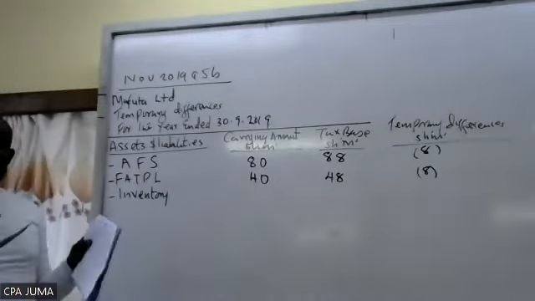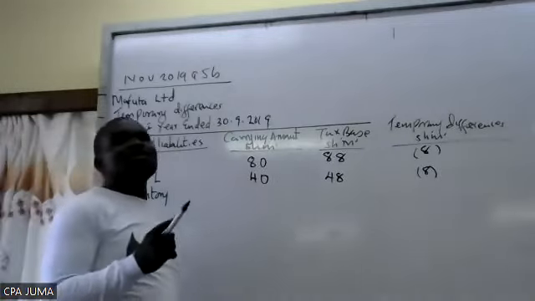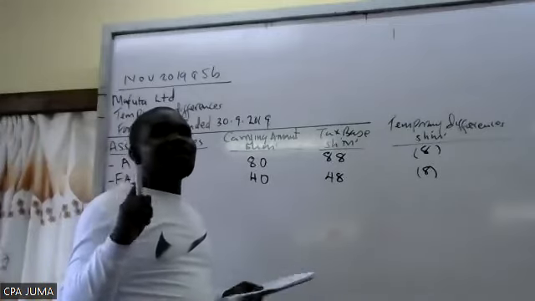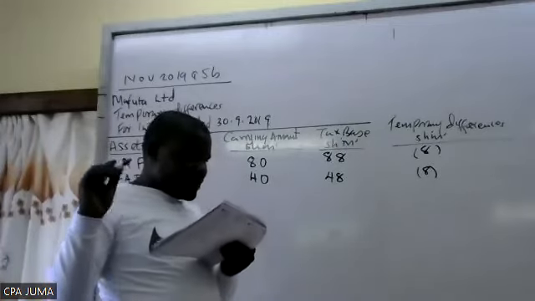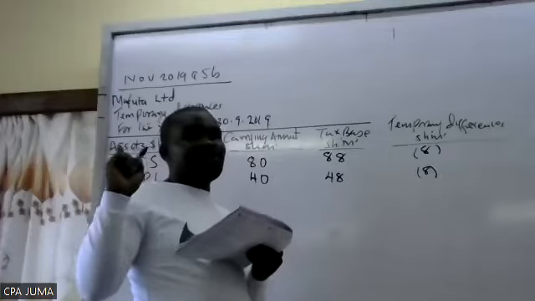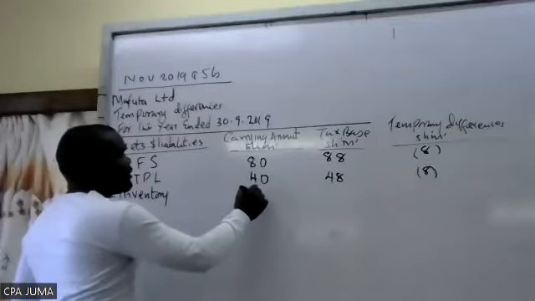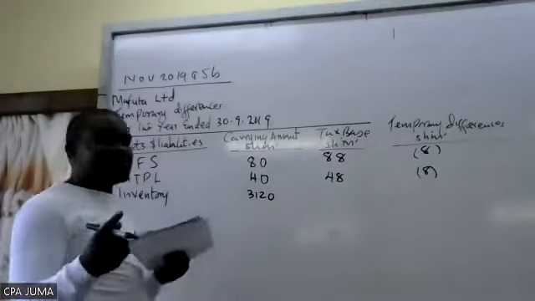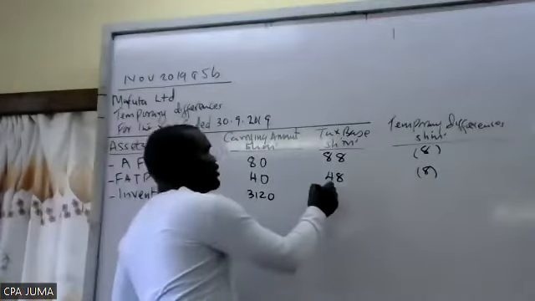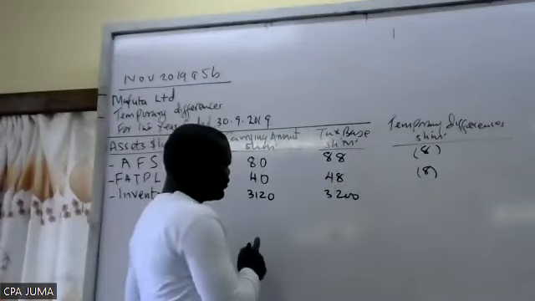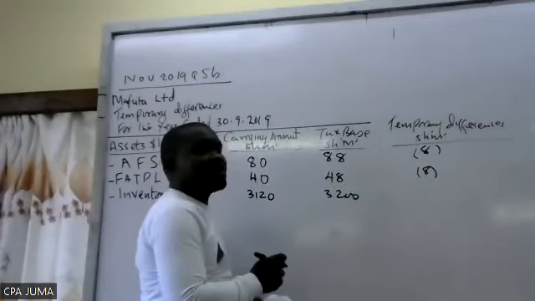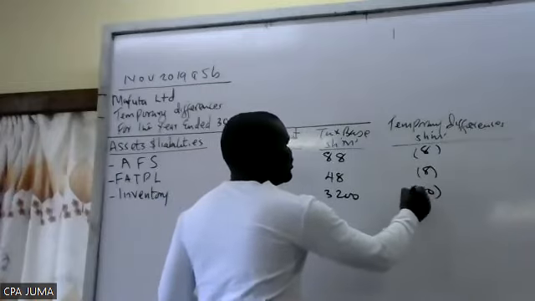Which is which? 31.20 is the carrying amount, the realizable value, while cost becomes the tax base, which is 32. Giving you a difference of 80 deductible.